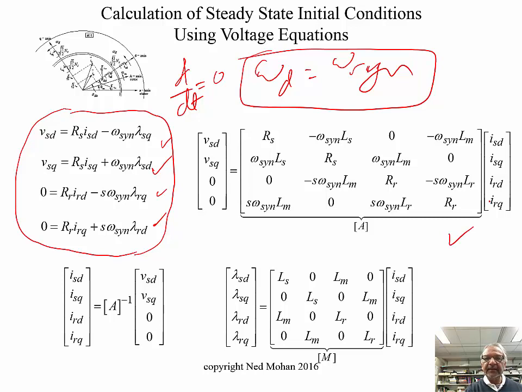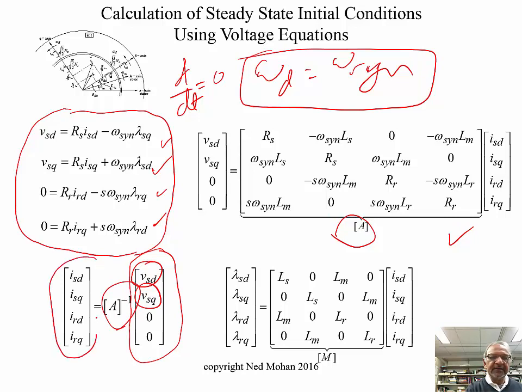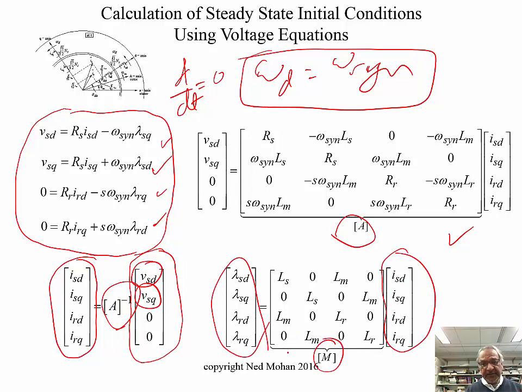Given these voltages, which may be the case because we may be given ABC voltages, by using those transformation matrices we can find VSD and VSQ. Then multiplying this vector by the inverse of this matrix, we can find these currents ISD, ISQ. And we also know the relationship between these currents and the flux linkages given by this matrix M, which we have seen earlier.